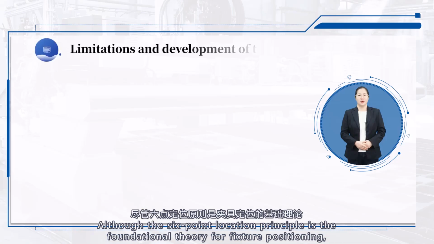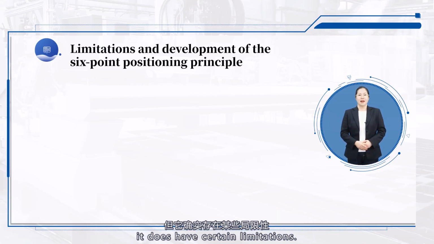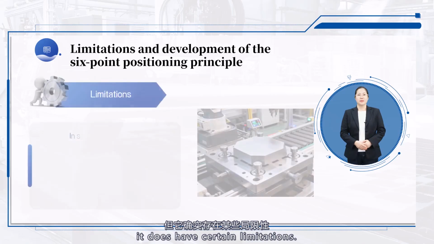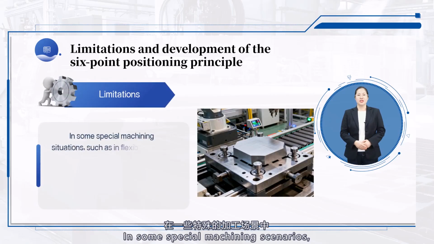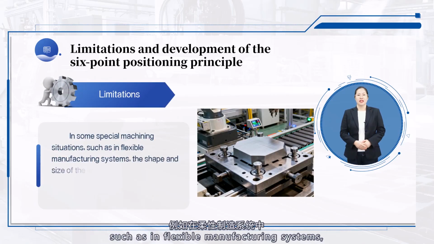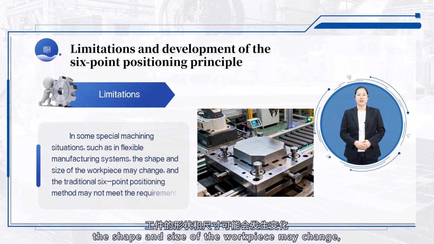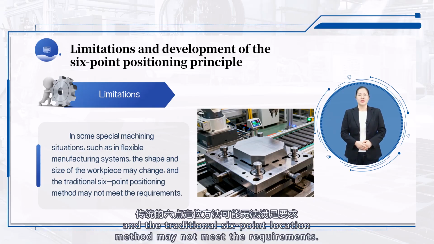Although the 6-point location principle is the foundational theory for fixture positioning, it does have certain limitations. In some special machining scenarios, such as in flexible manufacturing systems, the shape and the size of the workpiece may change, and the traditional 6-point location method may not meet the requirements.